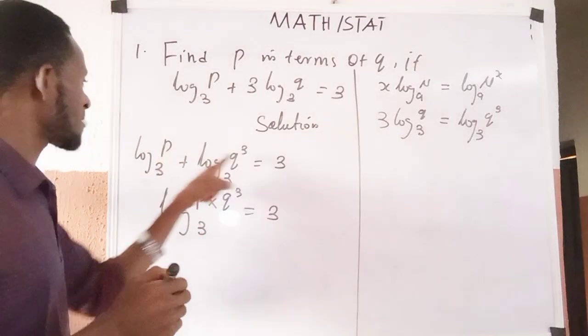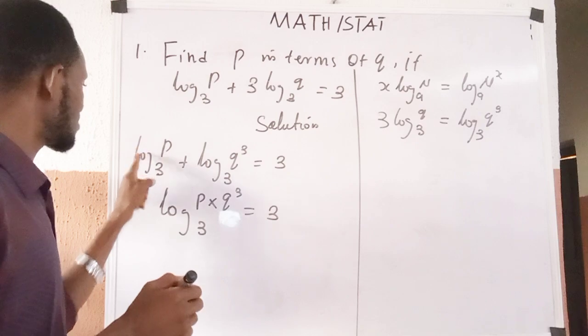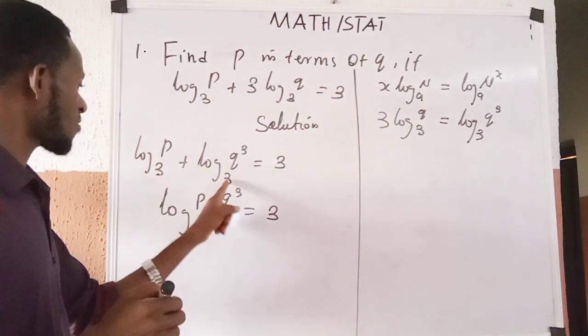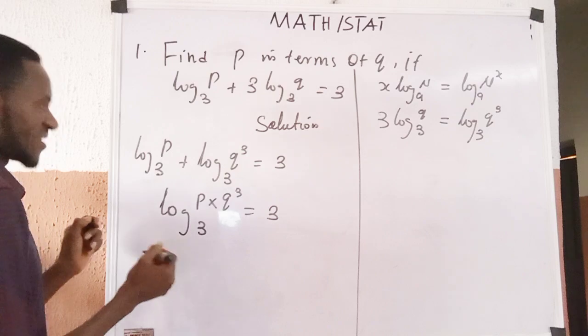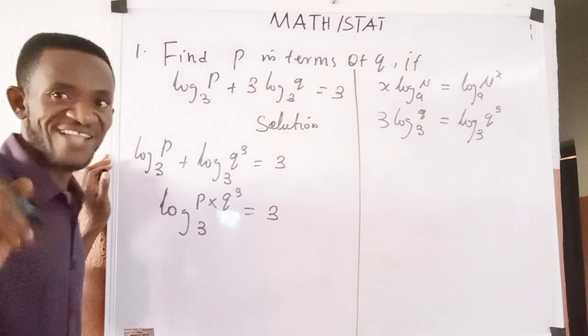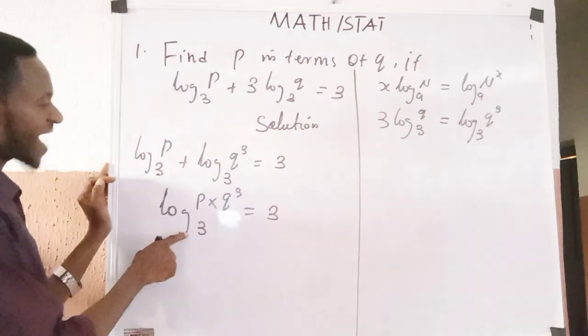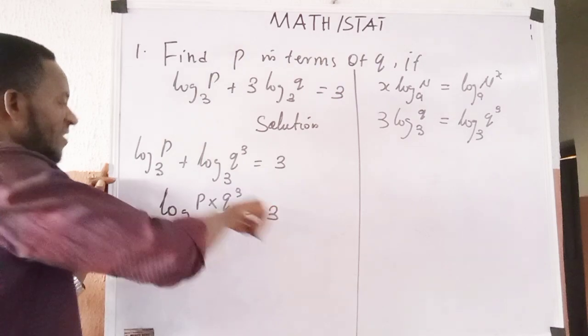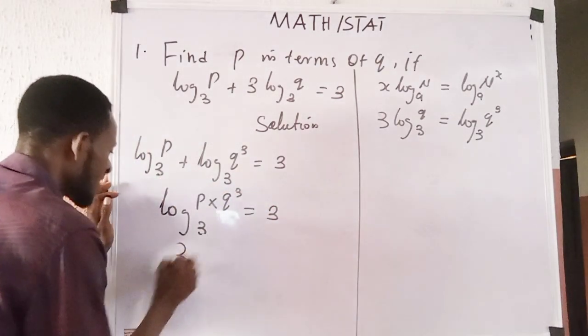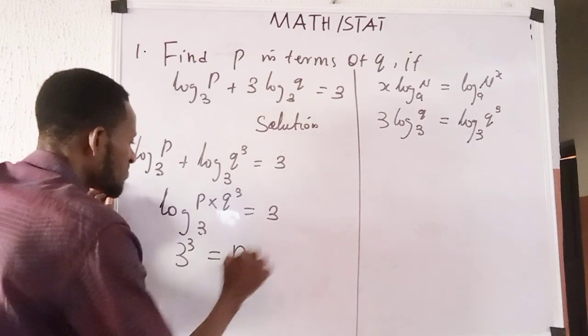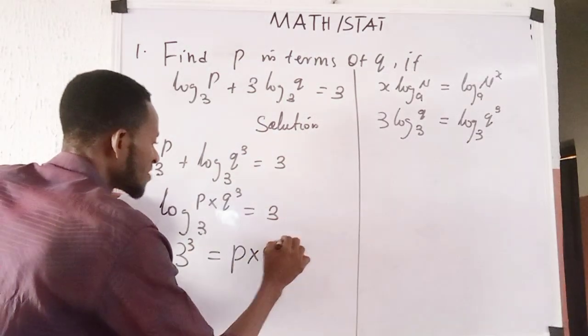You pick the number here, multiply by the number here. In as much as this is log base 3, log base 3, you pick one. Of course, just like you know that in logarithm, whenever you have this, it becomes 3 raised to power 3 equals this quantity. So what I have is 3 raised to power 3 equals P times Q raised to power 3.